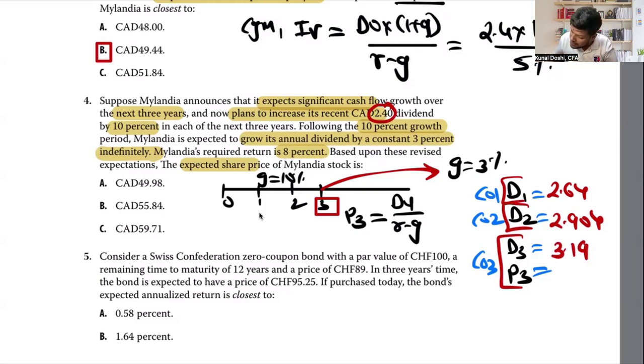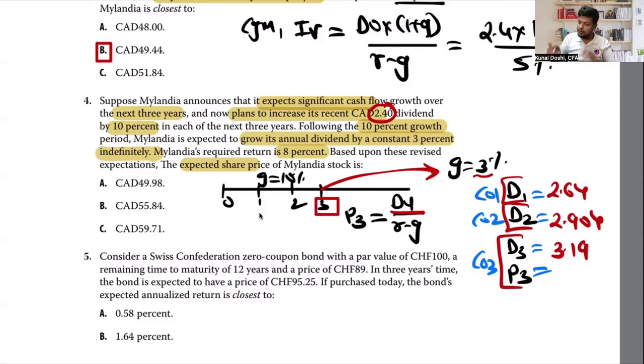Now to calculate P3, you require D4, for which you have D3 on your calculator screen, that is 3.19. Multiply with 1.03. You will get 3.29 as D4. Are you getting 3.29?